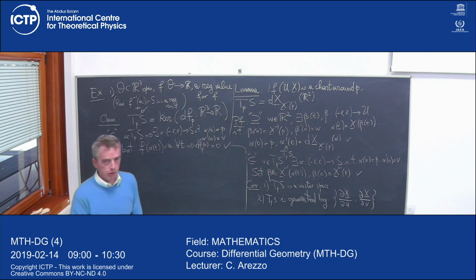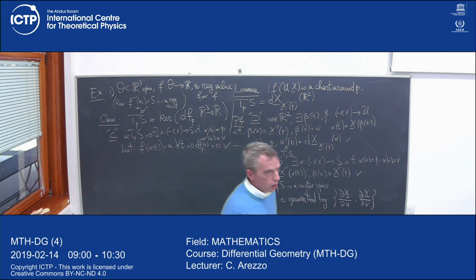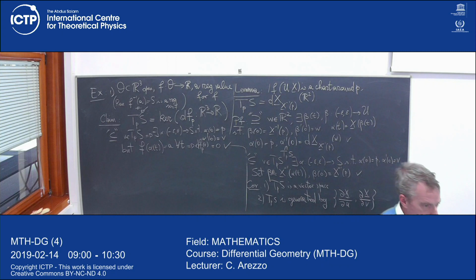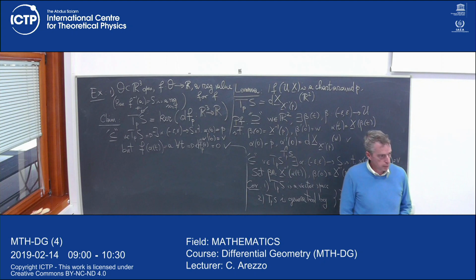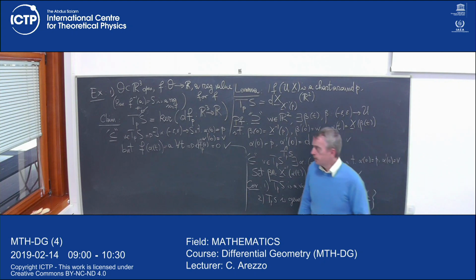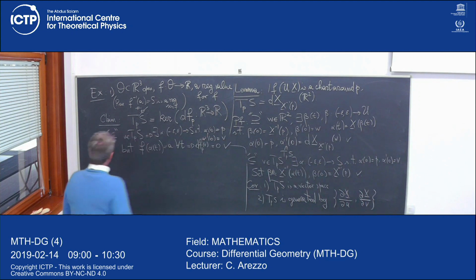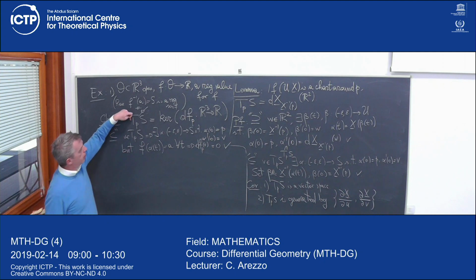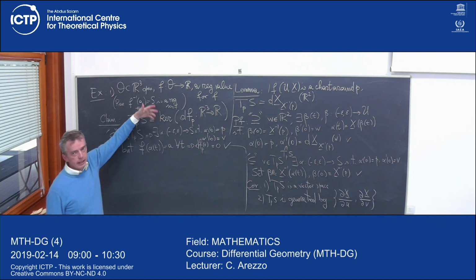Now I should prove the opposite inclusion. But do I? It's always good to think before wasting 5 minutes. No, that would be a waste of time, because I already know that these are two-dimensional vector spaces. One is contained in the other, so they are equal.